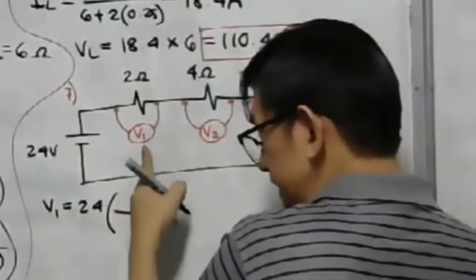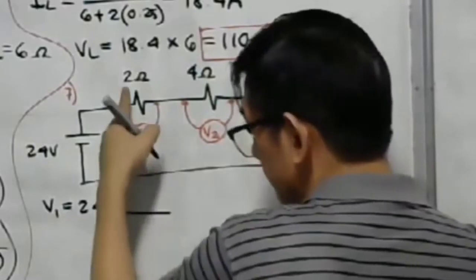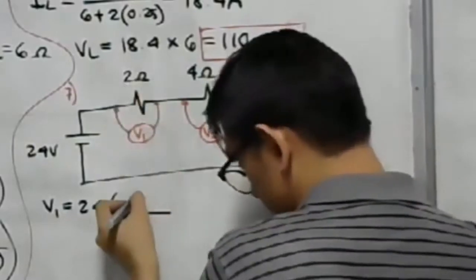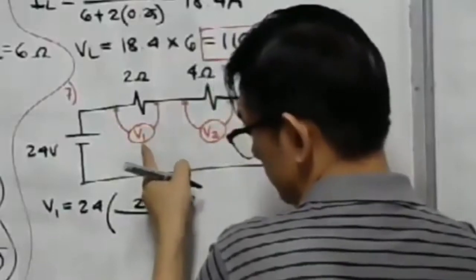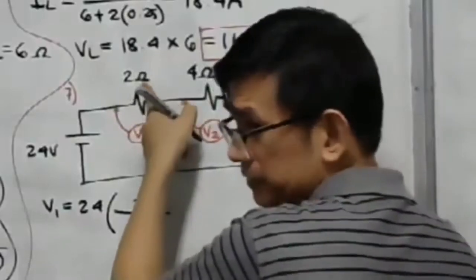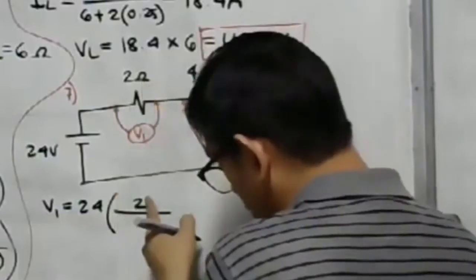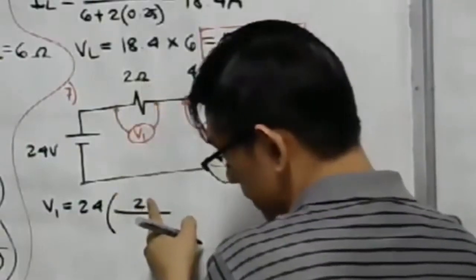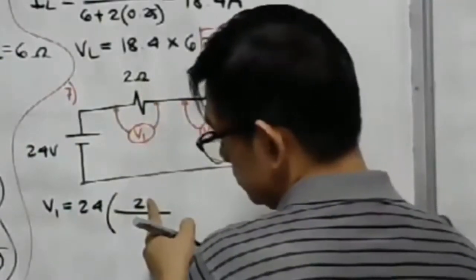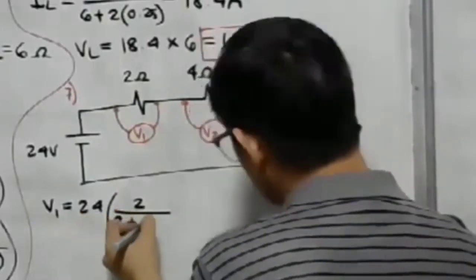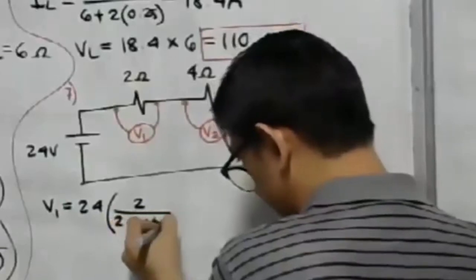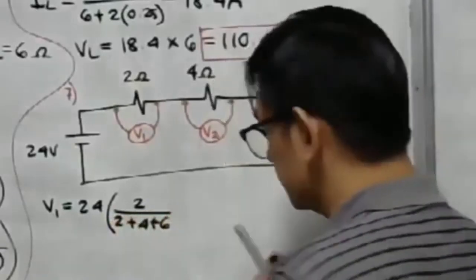The opposite resistance is the 2 ohms, the voltage measured by V sub 1 at the 2 ohm resistance. So we have 2, and then what is the total resistance? 2 plus 4 plus 6. That is the total resistance.